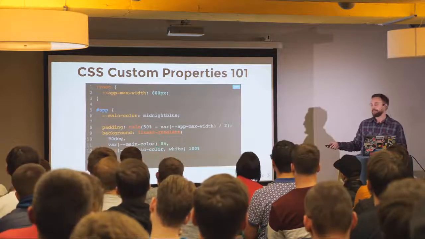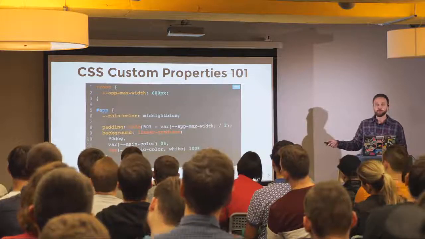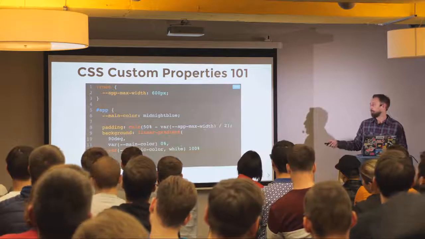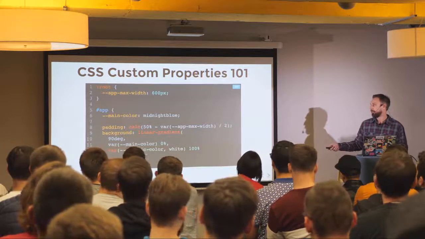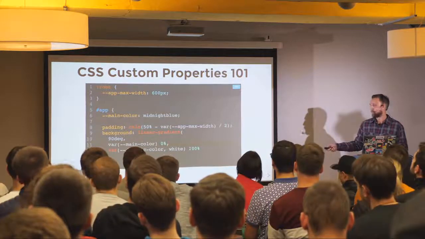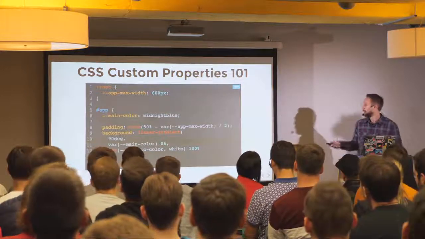I hope everyone sees this line, but basically if you pass the second argument to the var function, it will be used as a default value if the initial variable is not set. So in this case, if we don't have the dynamic color variable available here, we will be having white color in the end of our gradient.